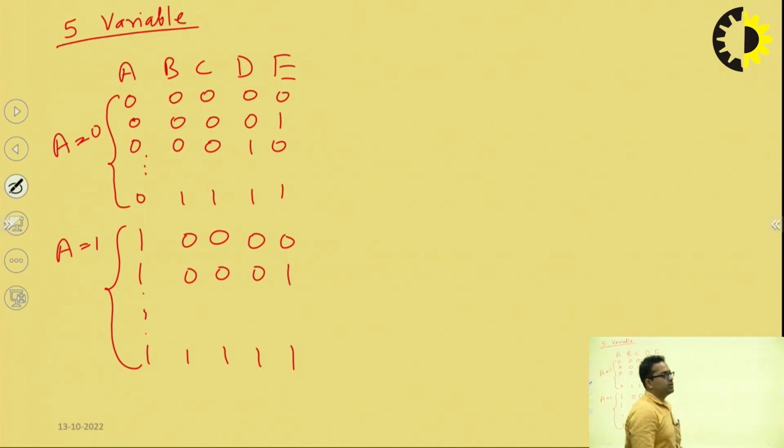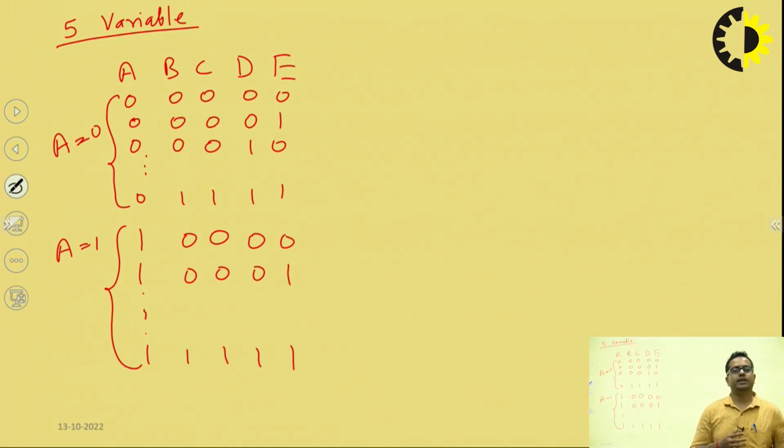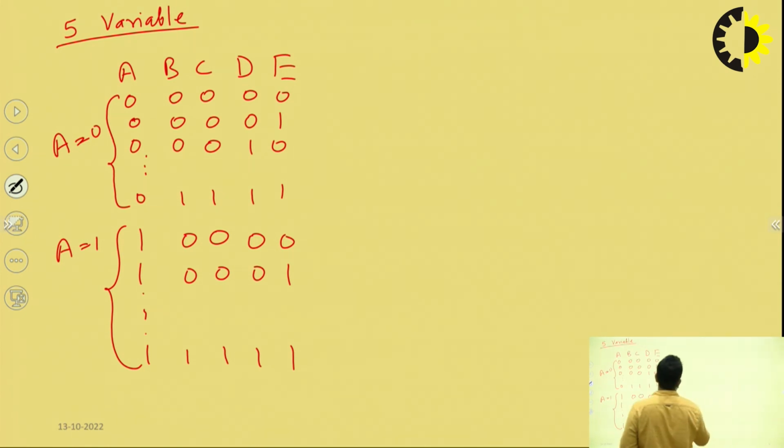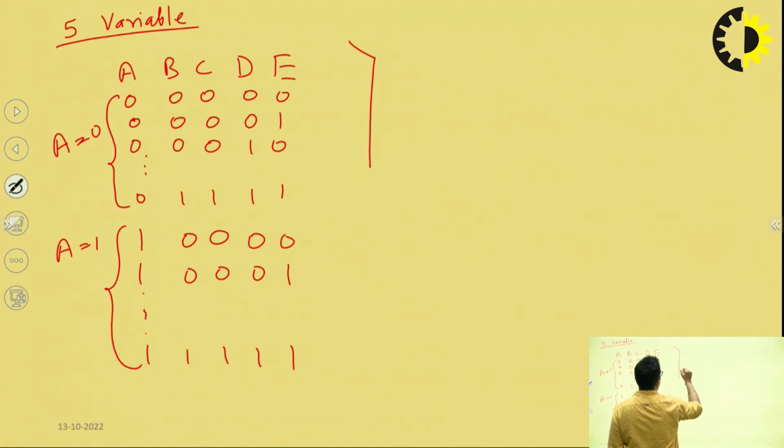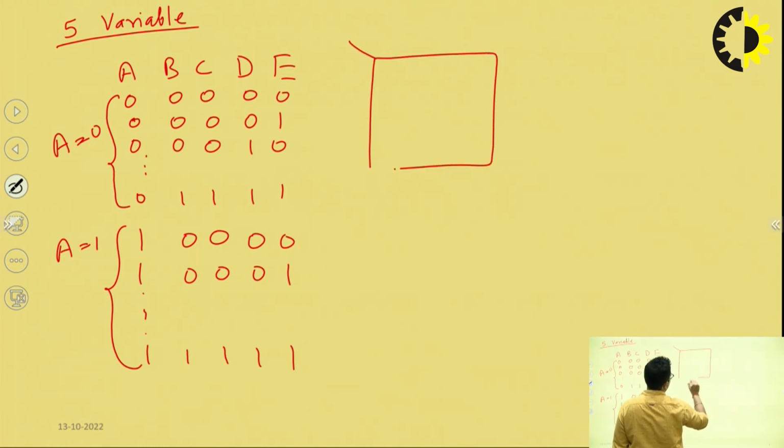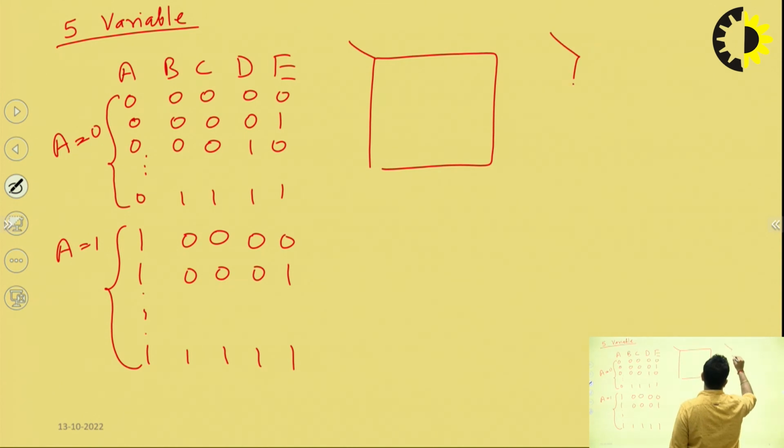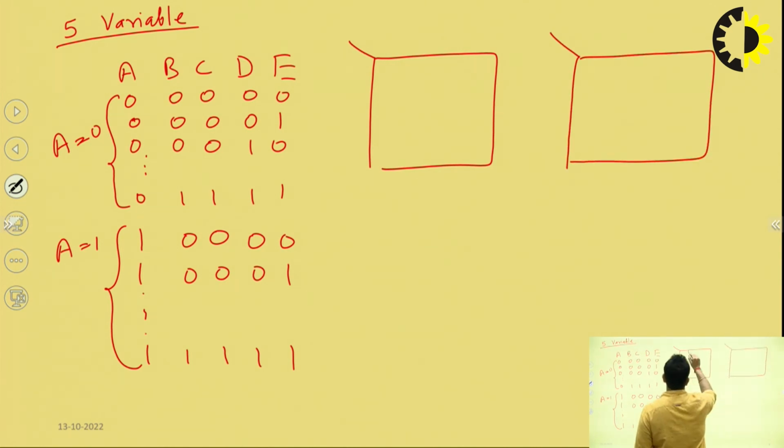So in order to realize the 32 cells, or in order to realize the 5 variable K map, we have to take 2 K maps separately, and each will be of 4 cross 4. So let us see, if you are taking two K maps of 4 cross 4.